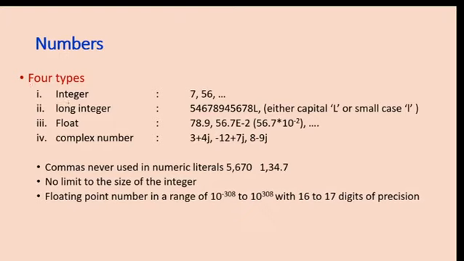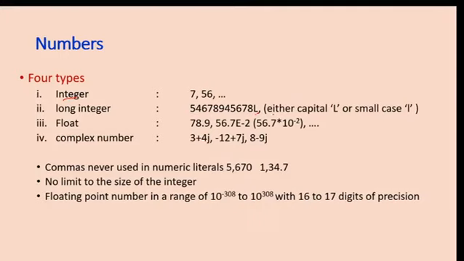First, we have integer, which stores values like 7, 56, 2, 24, and so on. And then we have long integer. In this, we have values with so many digits, and at the end, we have to specify L. It can be either upper case or lower case.